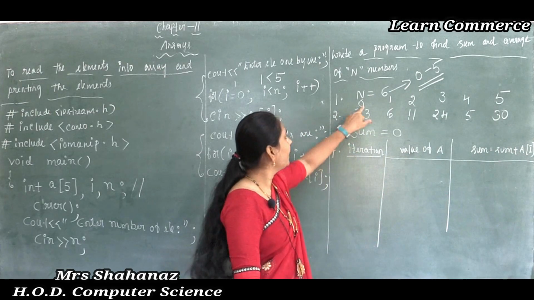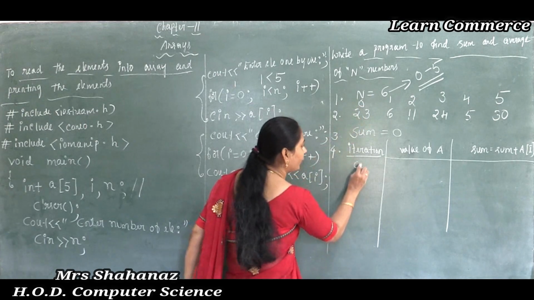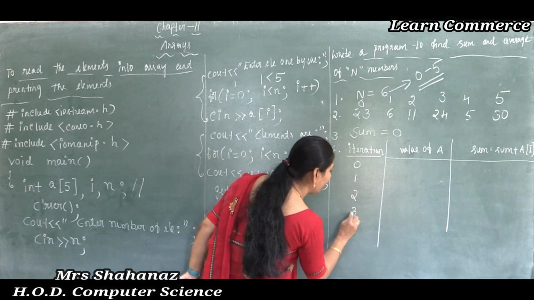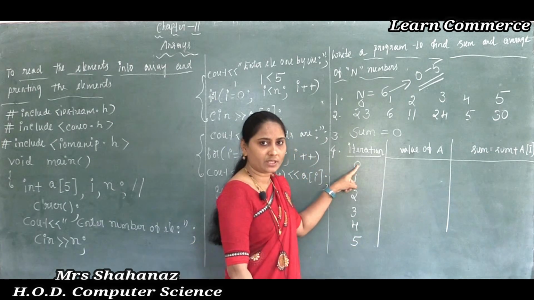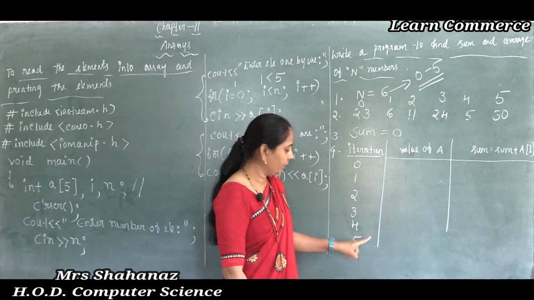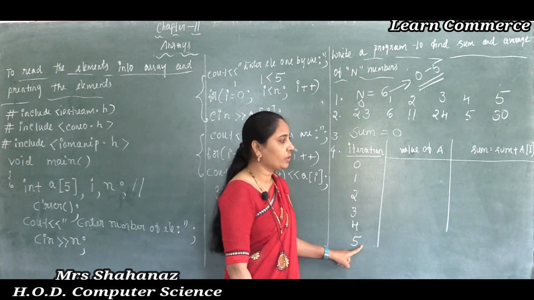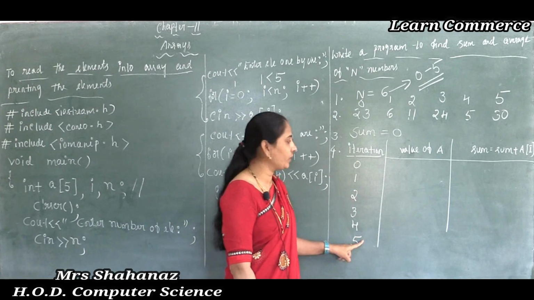As we know that starting position 0, then 1, 2, 3, 4, 5. Correct here? Going to start from the value 0 and reach till number 5, that is equal to 6. 0 to 5, that is equal to 6 here.